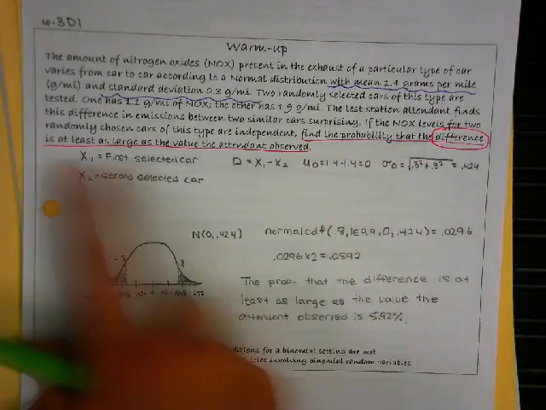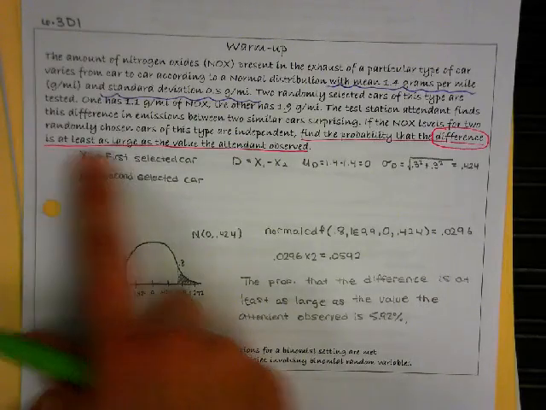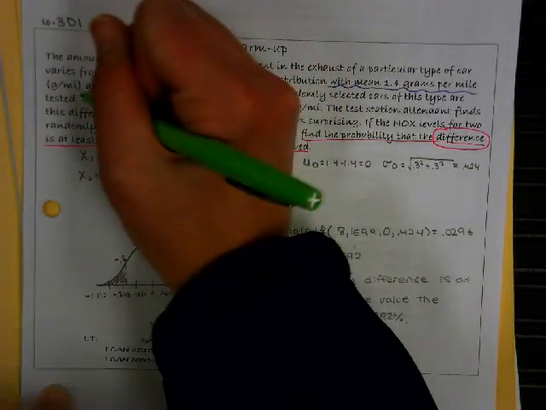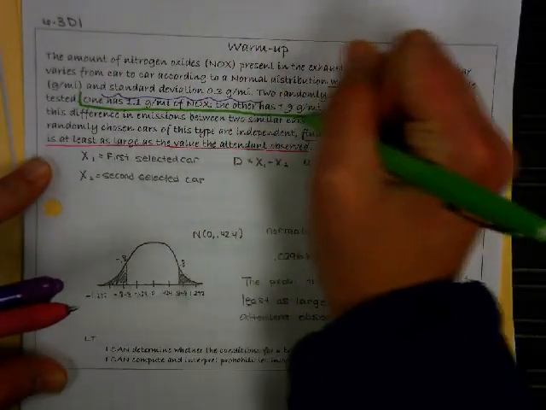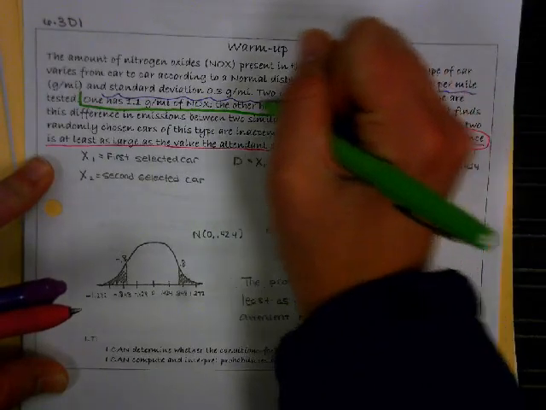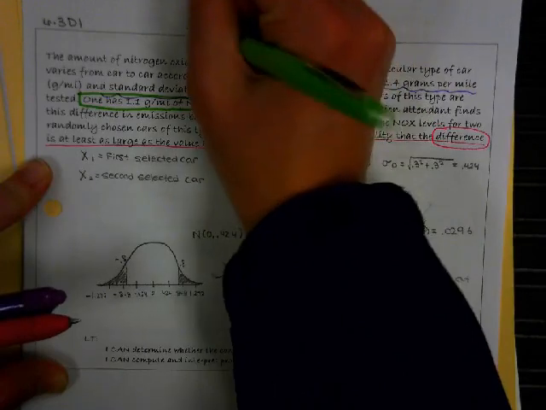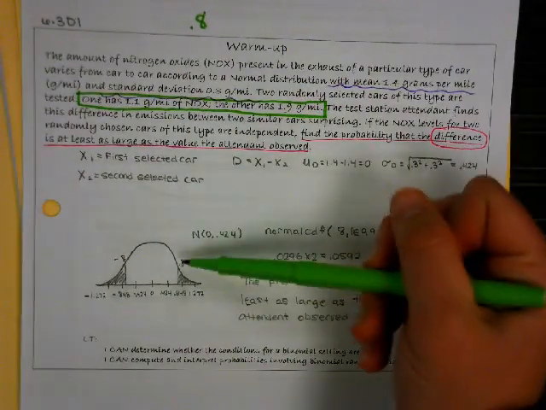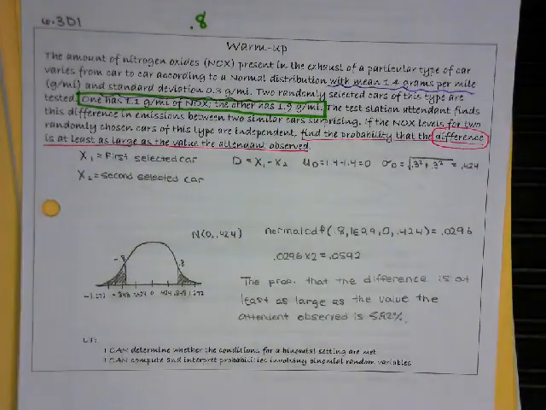Because we want to find the probability that the difference is at least as large as what the attendant observed. And the attendant observed one car had 1.1, the other had 1.9. So that's a difference of 0.8, which is why Shelley used 0.8 and negative 0.8 on her normal curve.